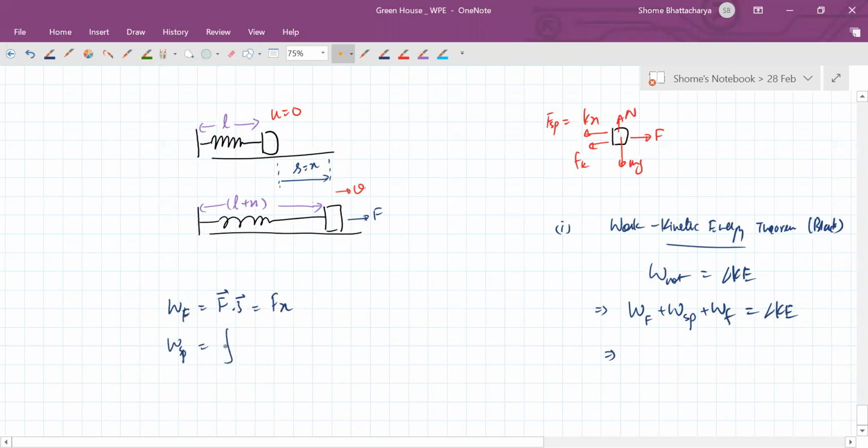Work done by spring force we'll have to calculate by integration of minus kx dx from x equal to 0 to x equal to x, and then the work done by kinetic friction.